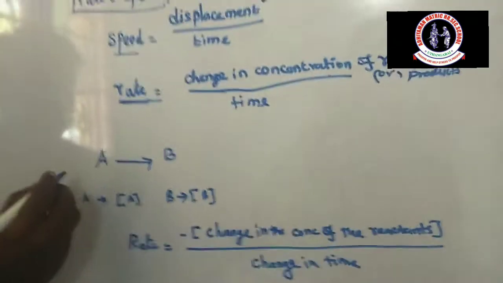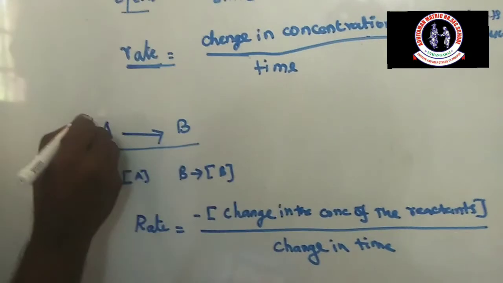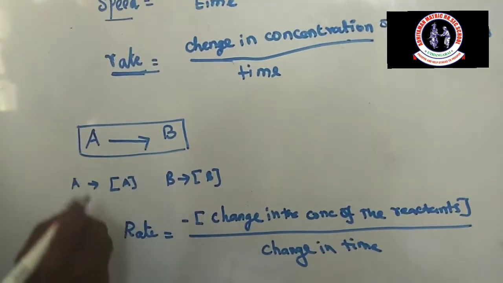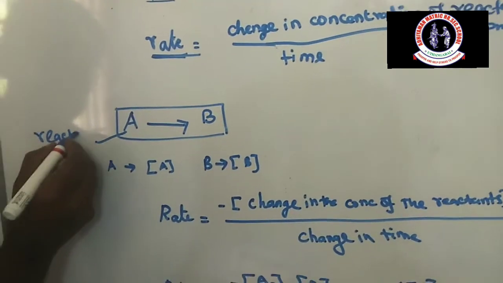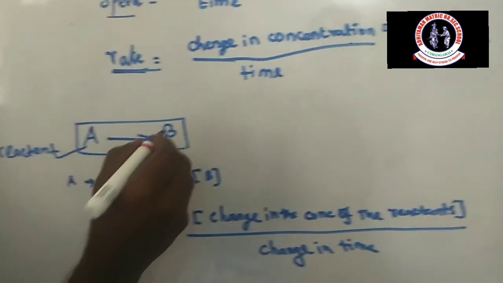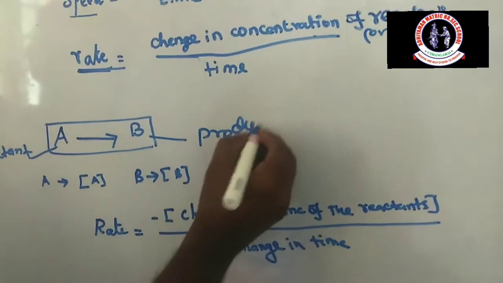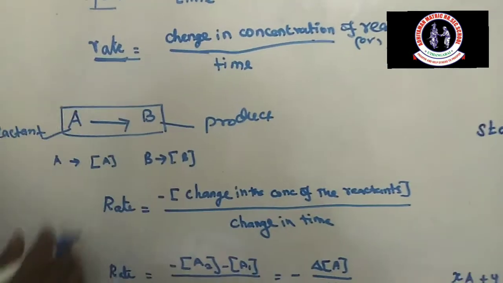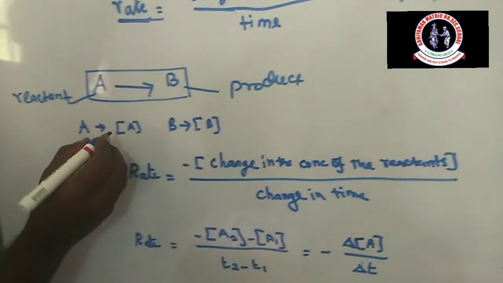Okay students, now we consider one general equation. A is a reactant, B means product. We consider the concentration.